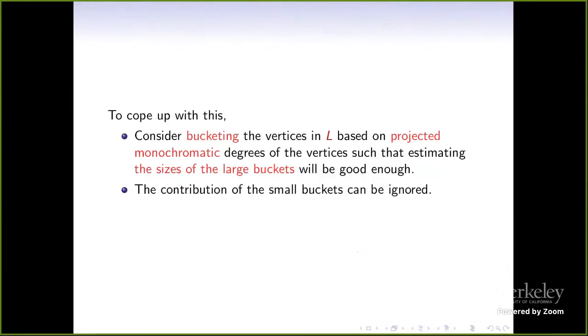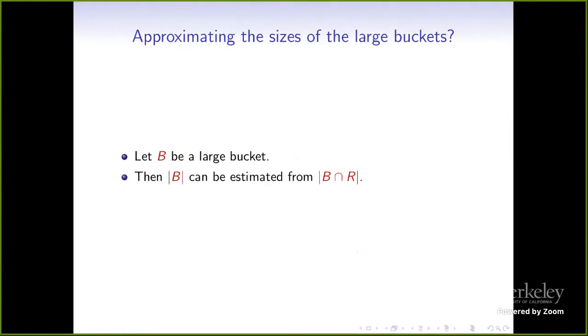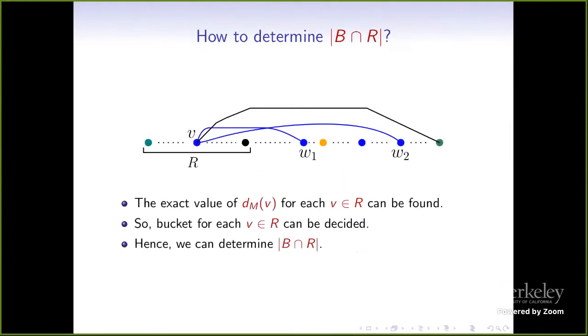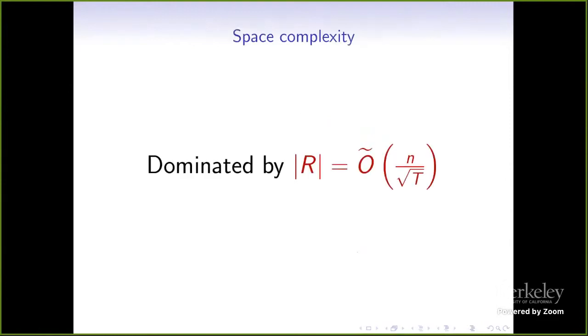That's why we apply a bucketing technique where estimating the size of large buckets will be good enough. And as we are considering vertex arrival stream, and we are storing all the vertices as well as colors of all the vertices in R, we can also estimate the sizes of the large buckets. And the space complexity is dominated by the size of R, which is roughly n by root t.